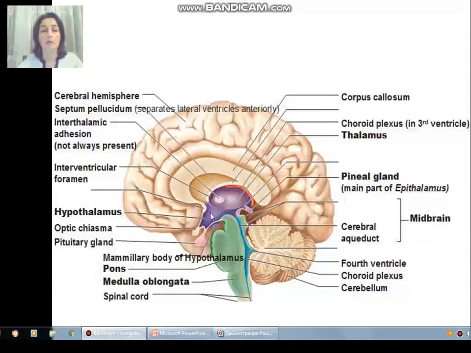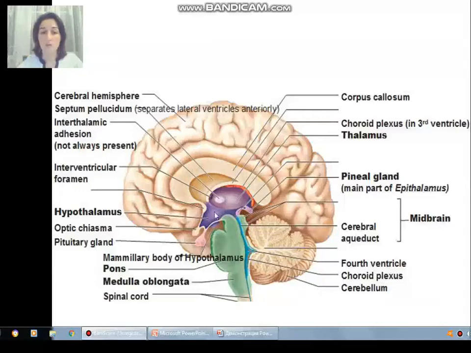And the hypothalamus sends its output, its signals, in two ways. First, it sends signals to the centers of the autonomic nervous system, which are the autonomic nuclei of the brain stem belonging to the cranial nerves. So the hypothalamus sends signals via nerve fibers to the centers of the autonomic nervous system.